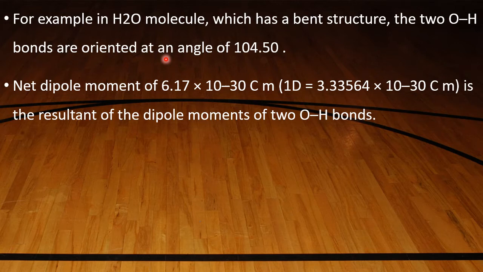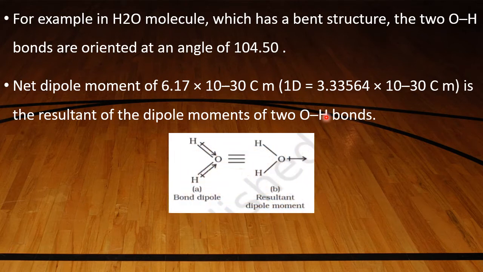Now, when the bond angle was seen with special electronic devices known as spectrometers, they came to the conclusion that the structure of water is not linear, it is a bent structure with a 104.5 degrees angle, and its dipole moment is 6.17 into 10 to the power minus 30 coulomb meter. It is because of what? It is because of the resultant of the dipole moments of the two OH bonds present in the water molecule.